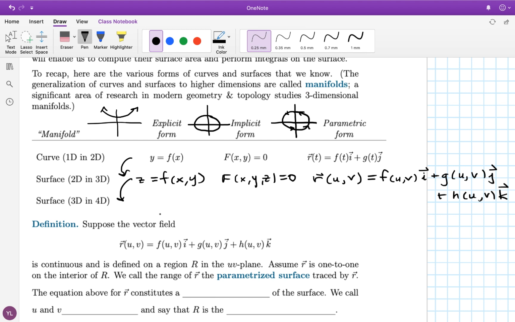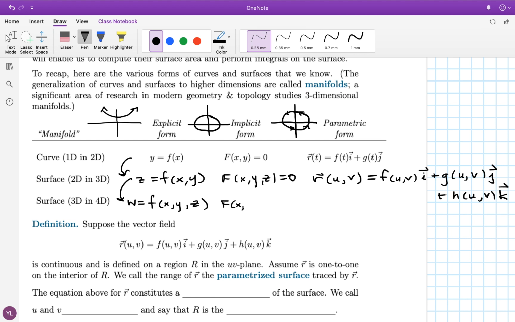Okay, and I just right here in the table, sort of by analogy, you can actually do this in any dimension that you like. We have considered 3 variable functions, and it's awkward geometrically to talk about what they represent, but it can be considered sort of just formally as a 3-dimensional surface embedded in 4 dimensions, whatever 4 dimensions is geometrically, right? An implicit form of a 3D surface in 4 dimensions would be a function of 4 variables set equal to 0, so like this.